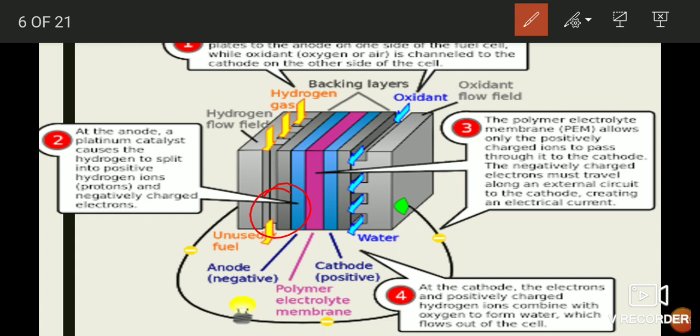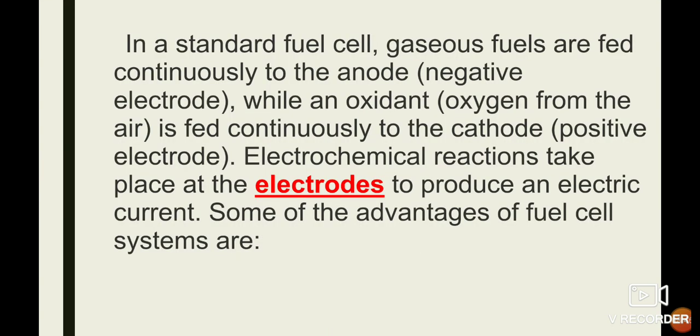Then third part, most important, the polymer electrolyte. This membrane allows only the positively charged ions to pass through it to the cathode. The negatively charged electrons must travel along an external circuit to the cathode, creating an electrical current. And fourth, unused fuel and oxidant are expelled out.